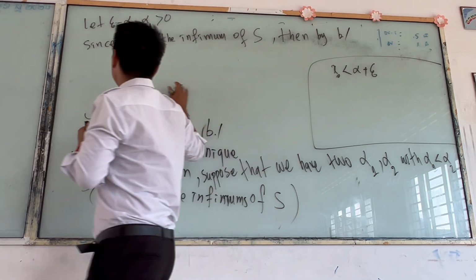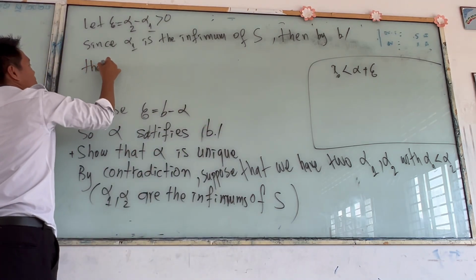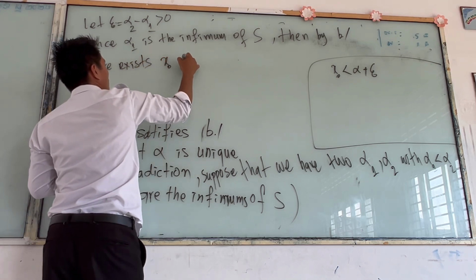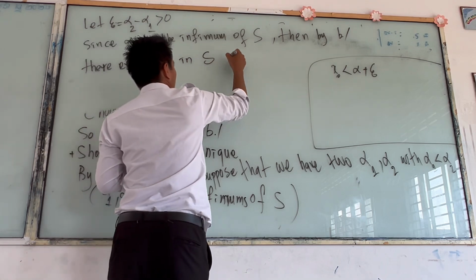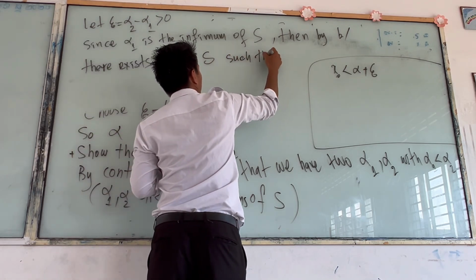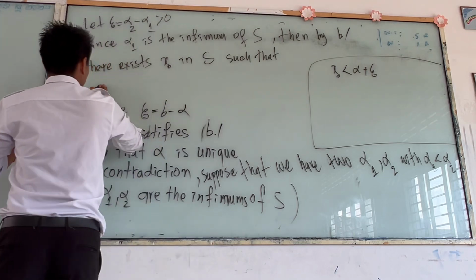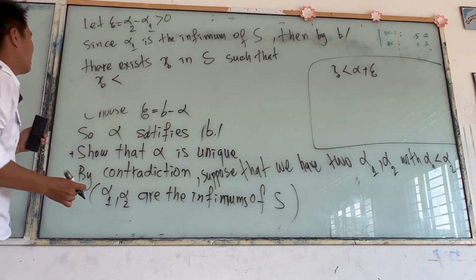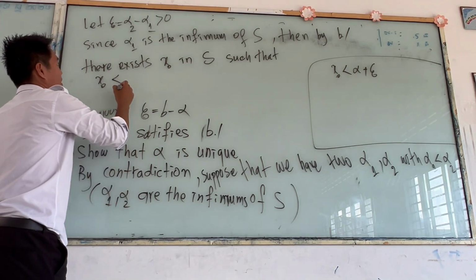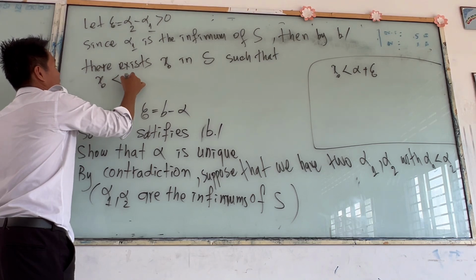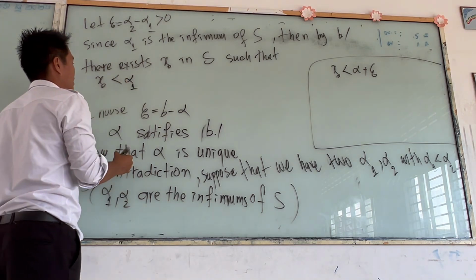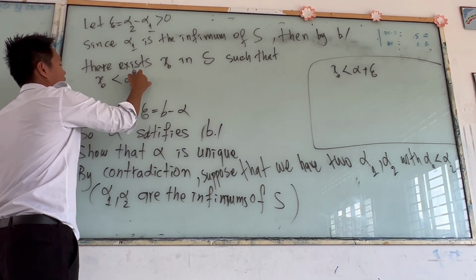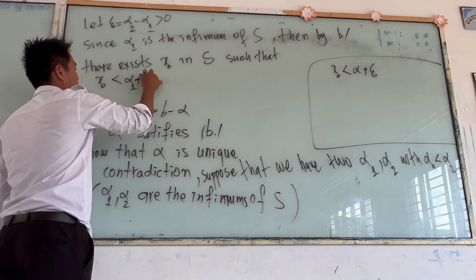there exists x0 in S such that x0 is less than alpha 1 plus epsilon.